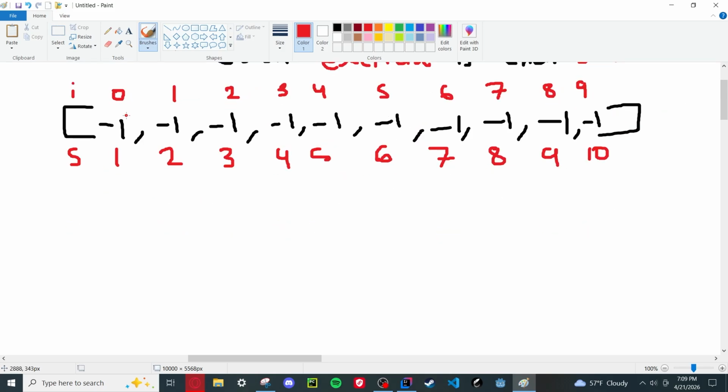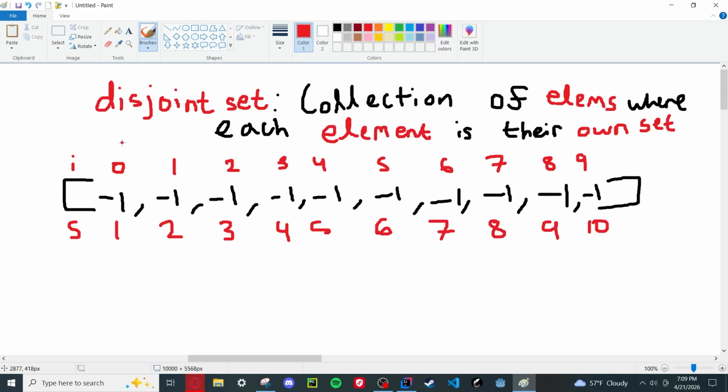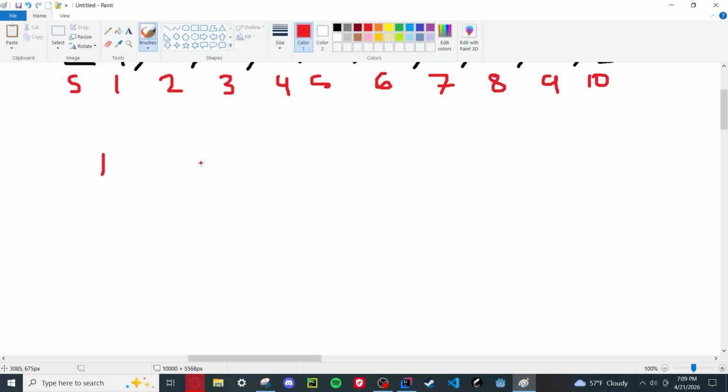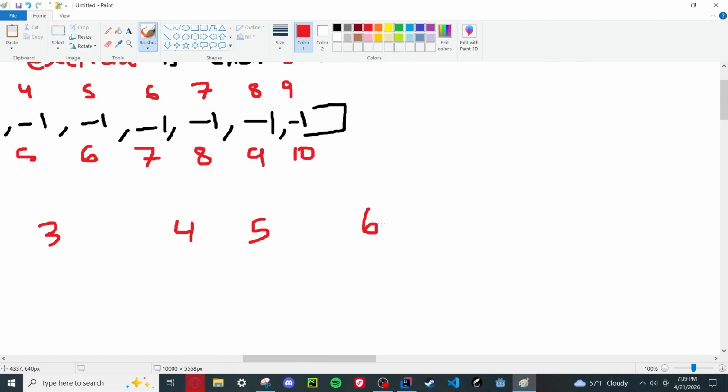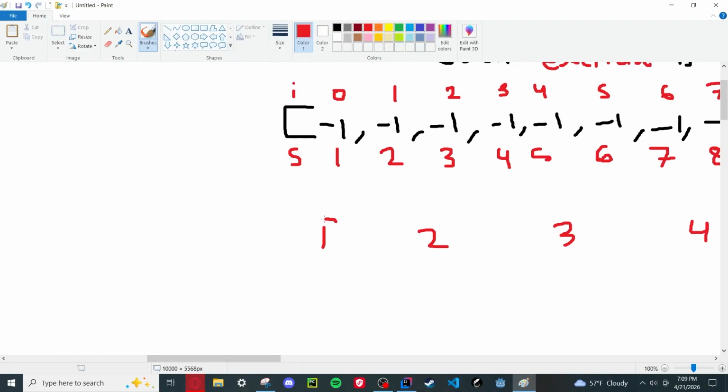You can kind of view this as when your array is set to -1, that means we have individual little guys that are all by themselves, right? All these elements are kind of alone right now. So how would you represent that graphically? Well, we have a concept for that. It's called a non-connected graph.